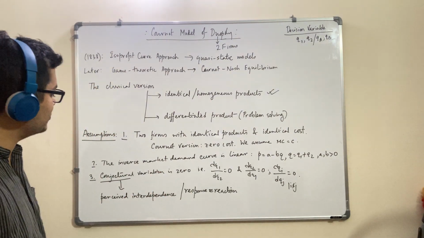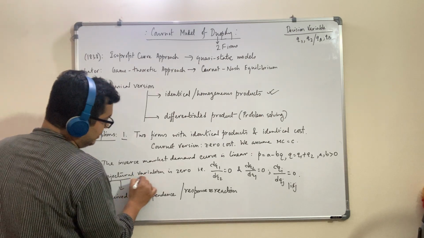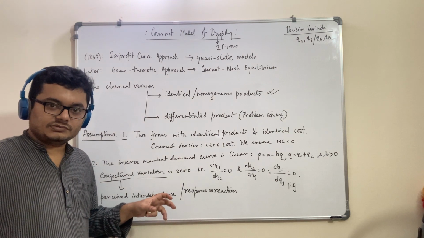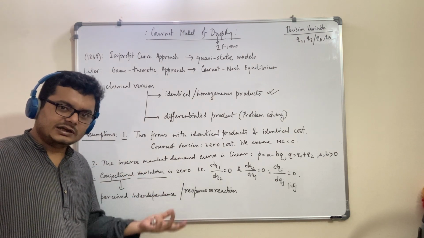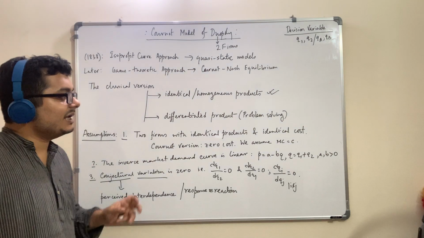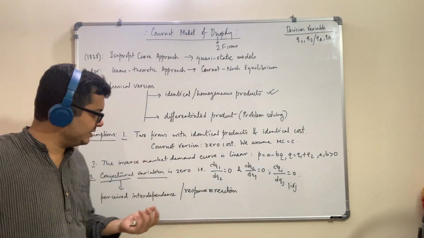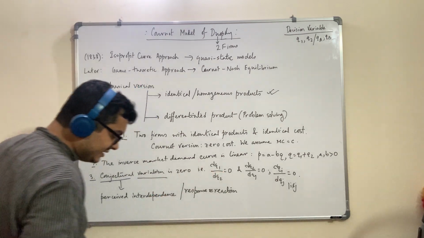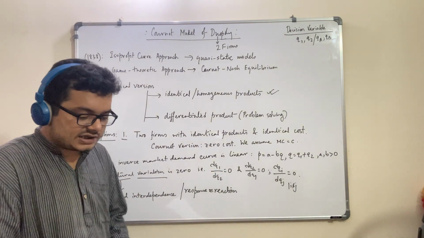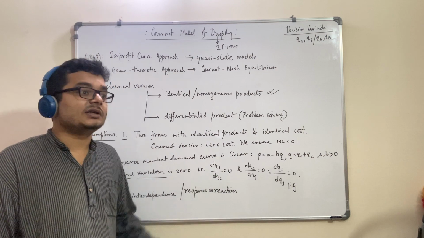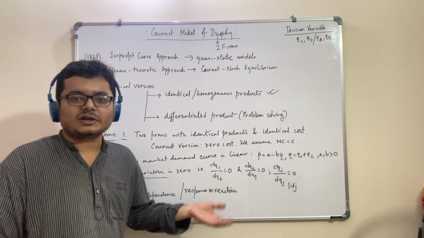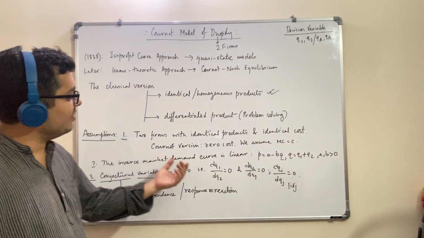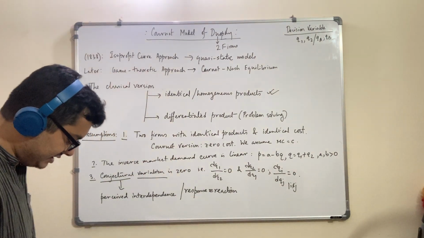That's what we are talking about. This is called conjectural variation. So firm 2 knows here's Q1 announced by firm 1 and changes its own decision of Q2. We are assuming that conjectural variation is 0. That means my announcement of output doesn't affect your decision of output, and your announcement of output doesn't affect my decision of output. That's what it means. We will see how this plays its role in the model.